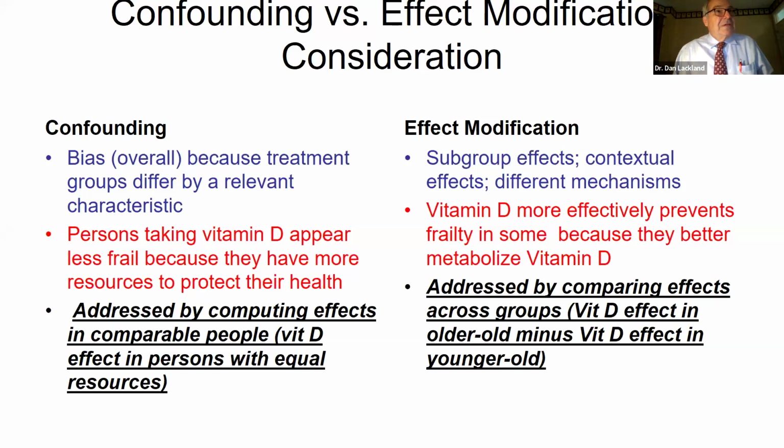They may be more health conscious. In that case, vitamin D is going to be a confounder. However, it might be that vitamin D is indeed more effective in preventing frailty because a system better metabolizes vitamin D, and that slows down frailty. So again, vitamin D could be a confounder, and it could also be an effect modifier.